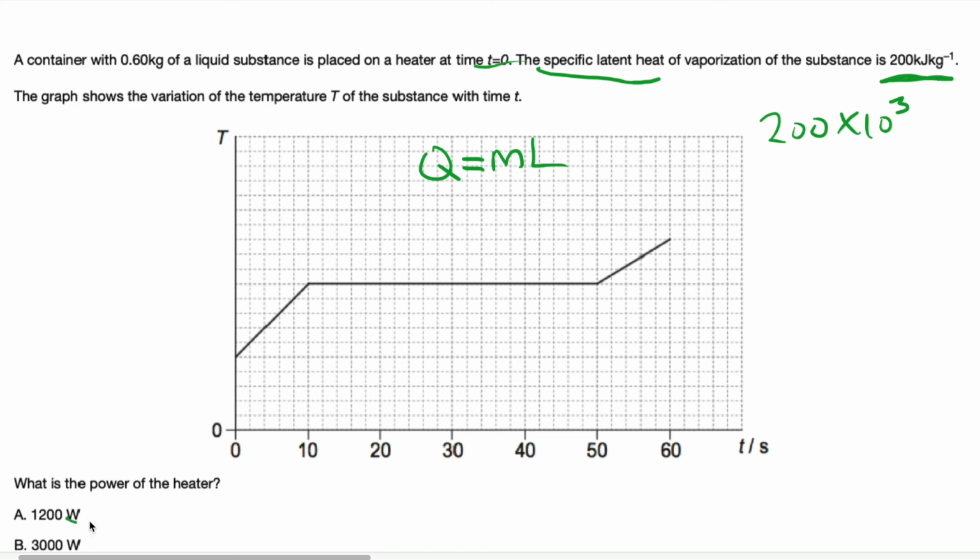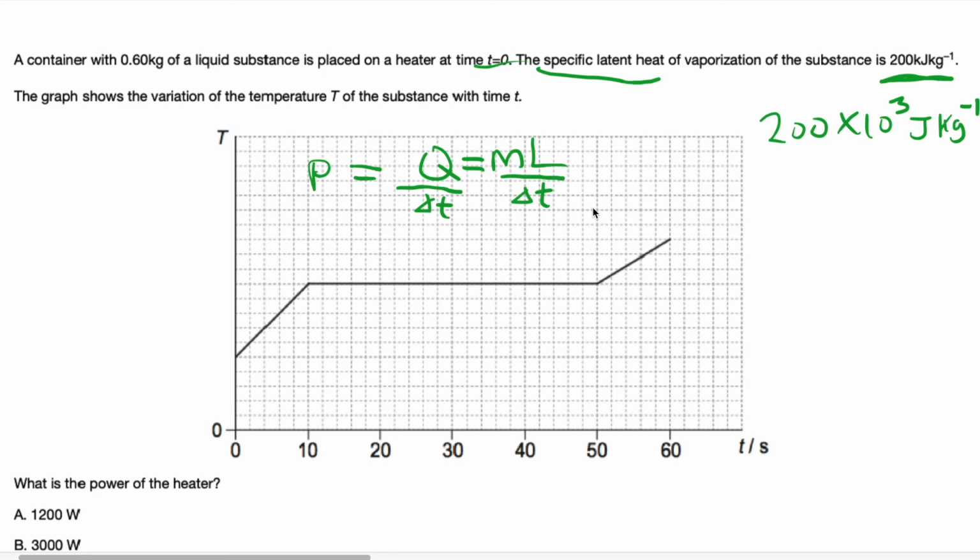Since the answers are all in watts, don't be tricked by the unit. So it's equal to 200 multiplied by 1,000 joule per kilogram. Right. And if we want to calculate power, power is equal to energy, which is heat energy in this case, divided by time.